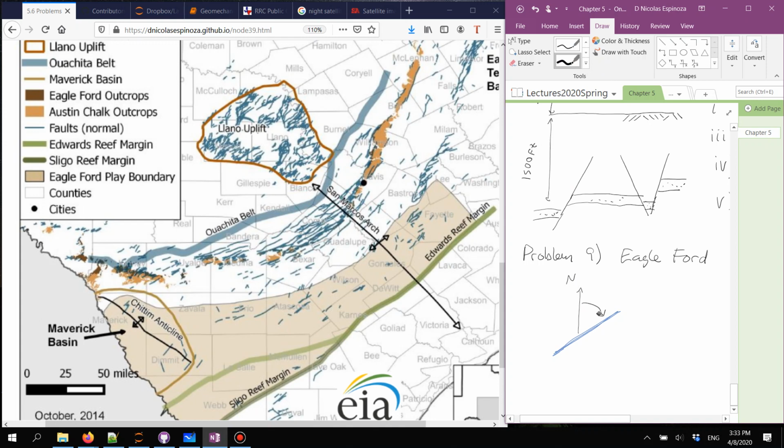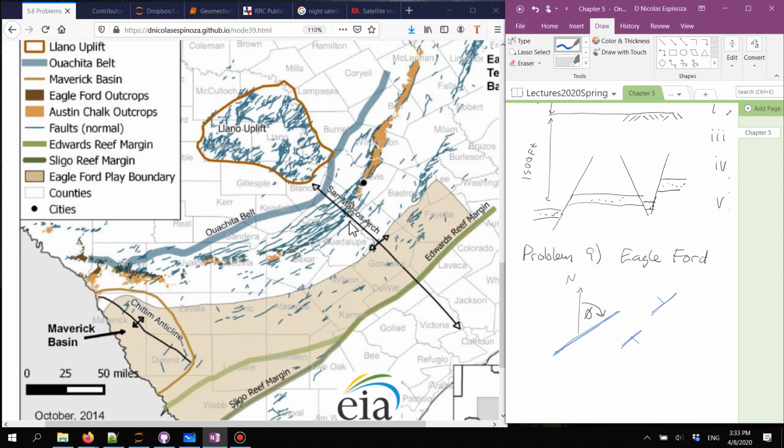So this is going to be the strike. We cannot see the dip over here. So the dip we cannot see, but it could be either in this direction or in that direction. We do know what is the strike.